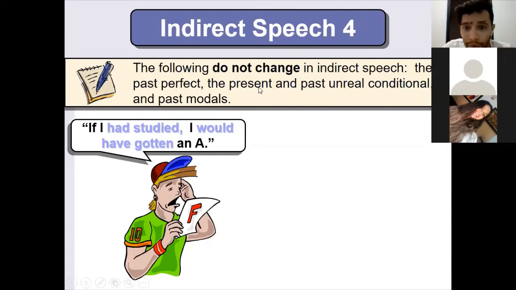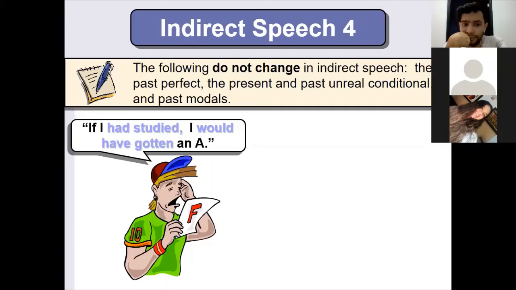Now here it says that when we have conditional type 3, the past perfect, the past unreal conditional, we are not supposed to change anything, right? So how do you think is the reported speech? Try to do it. He said, he said.